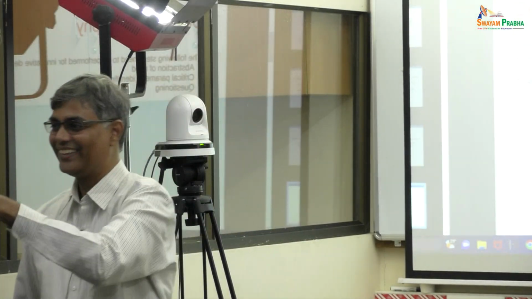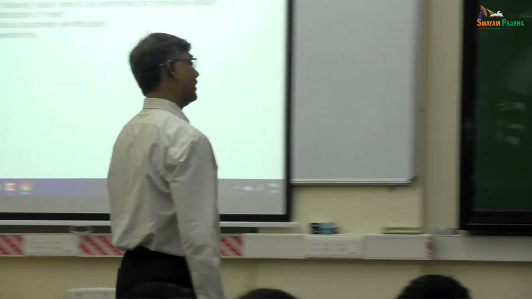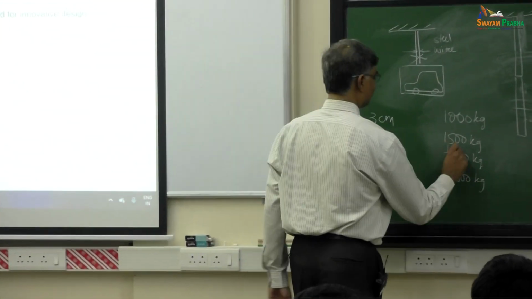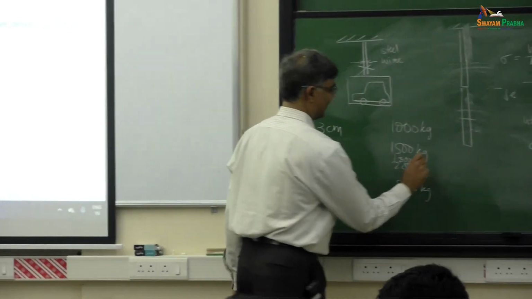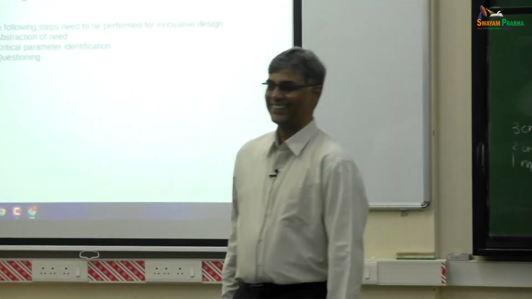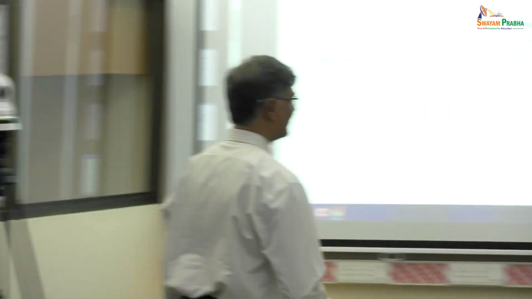Anybody? What about you? What will be the weight of a car? 1,500 kgs, okay. 1,800. Wow, that's a very specific number. That's very good. Any other numbers? 500 kilograms.